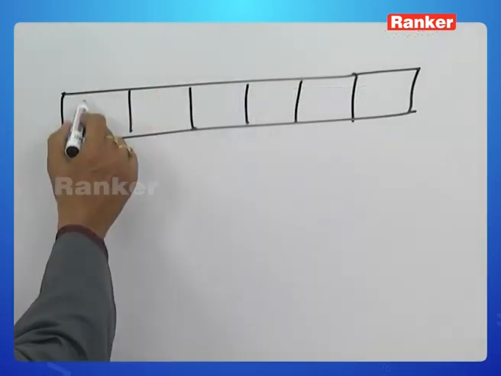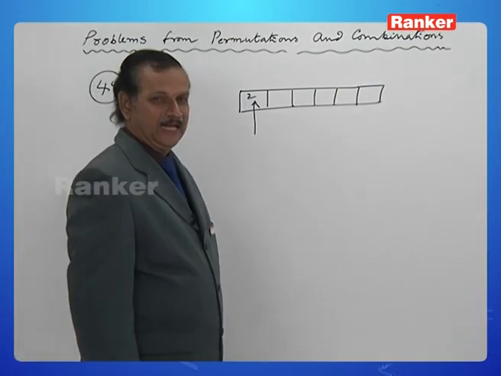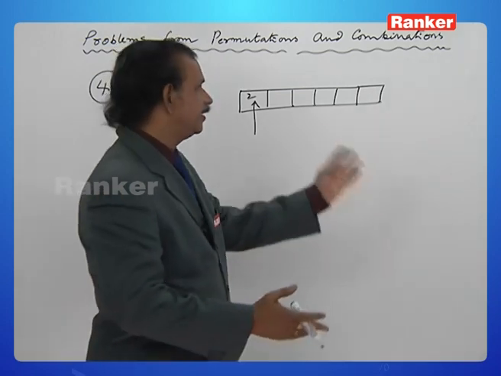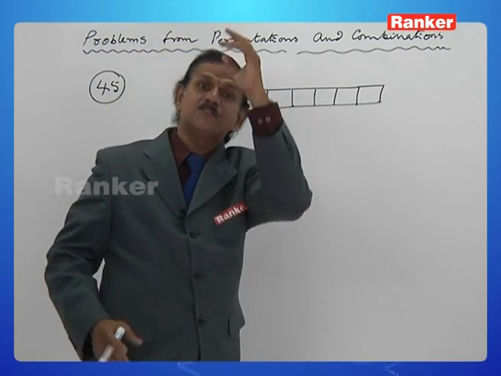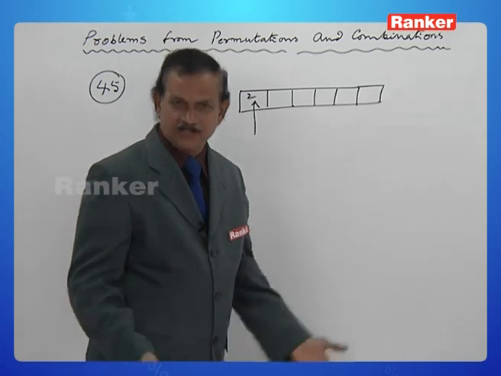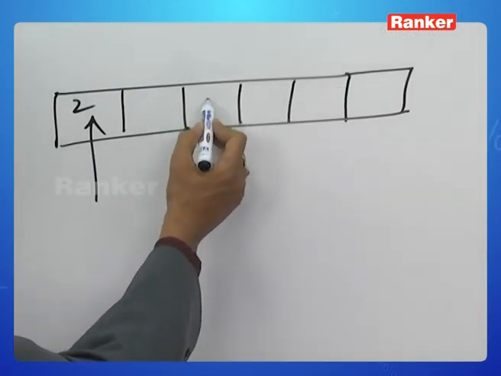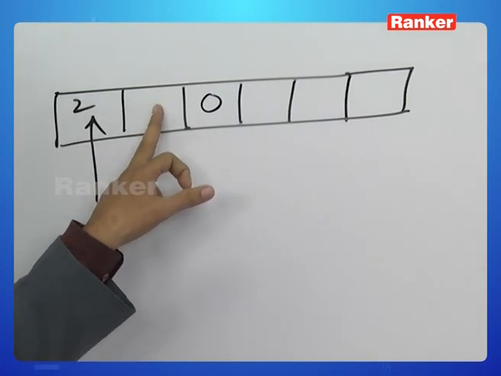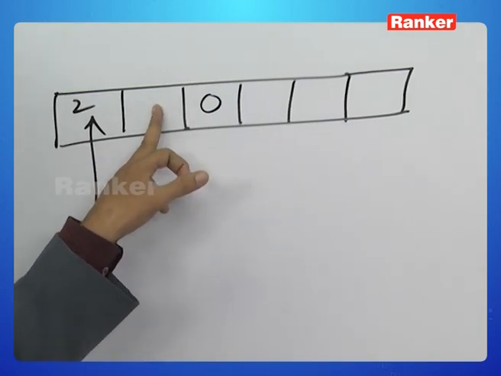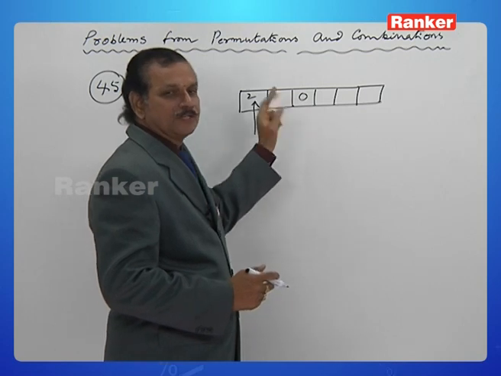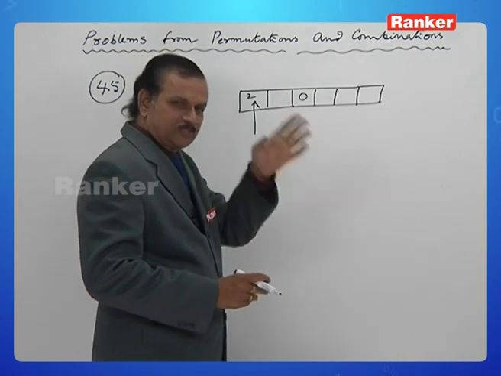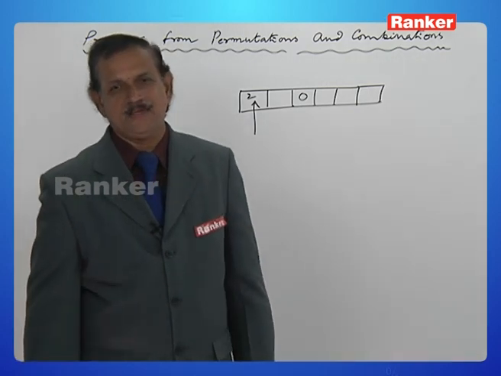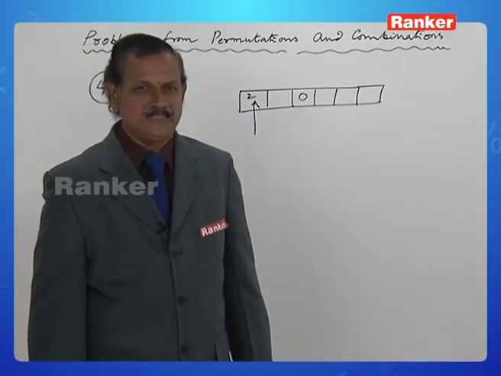Suppose some 2 is present. Here the restriction is 0 cannot be entered in any of the remaining places also. Why? Because if at all you take some 0 here, this cannot be greater than this preceding digit. It cannot happen. Therefore, 0 cannot be used at all in any of those 6 places.